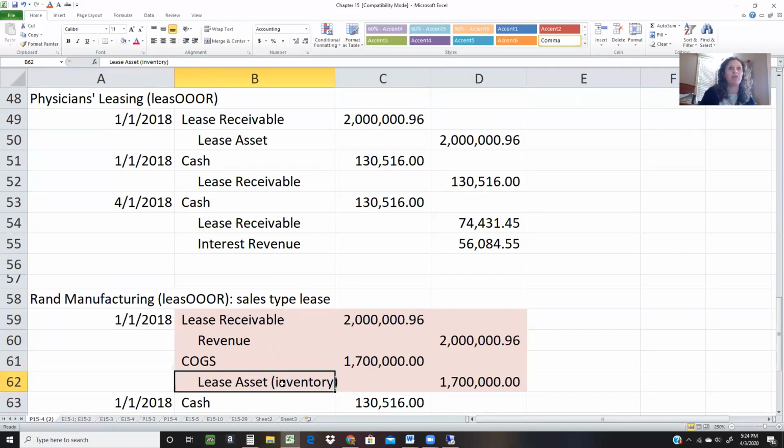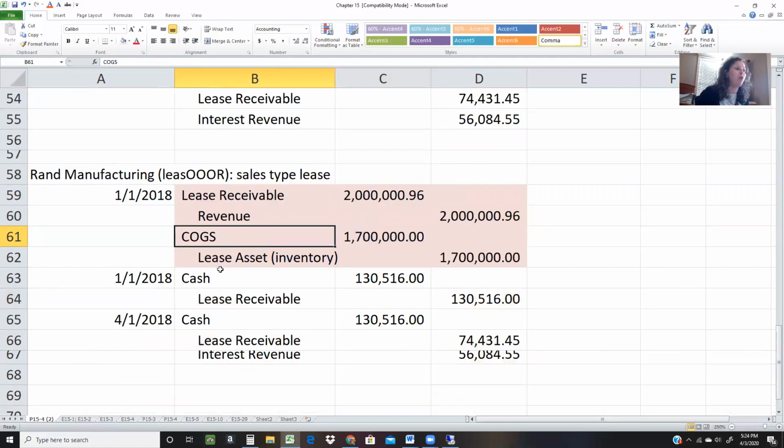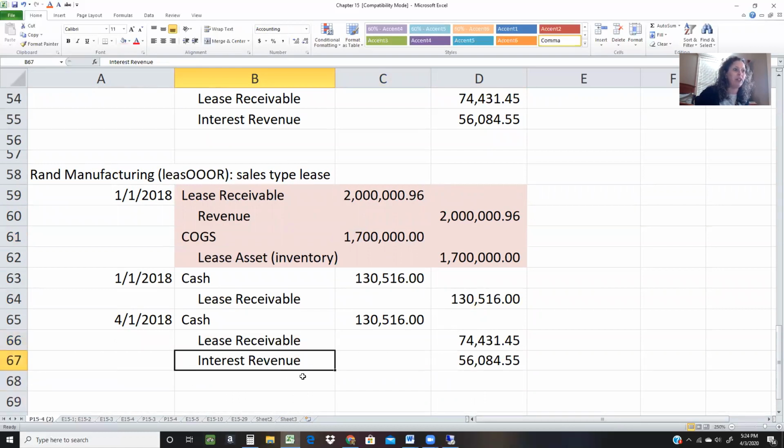Our inventory is machines. So when that inventory leaves the building, basically on the income statement of Rand Manufacturing, we would show revenue coming in and a cost of goods sold, showing our markup on the machine. And then from there on out, we would still just record our lease receivable and interest revenue as we receive the payments. So it's kind of like an installment sale. So, all right, that's it for that one. Thank you.